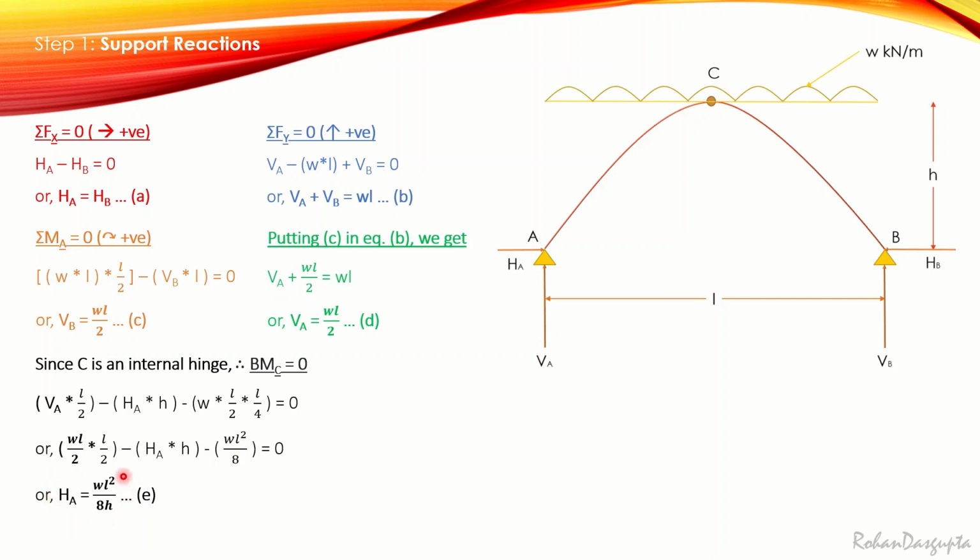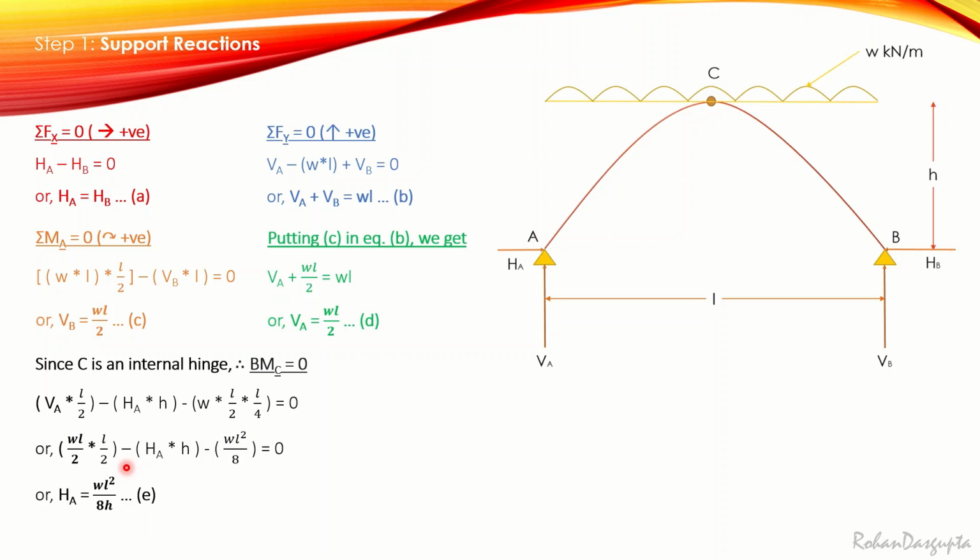Please understand that this is very important for you, and this itself sometimes comes in your exam as a proof: that in case of a symmetric three-hinged parabolic arch, if there is a UDL acting throughout the span, prove that the horizontal reaction is equal to WL square by 8H.